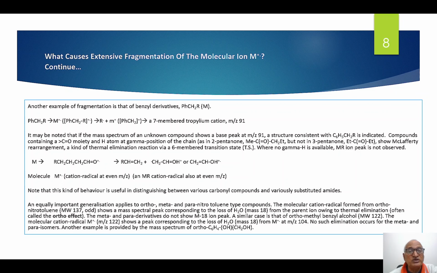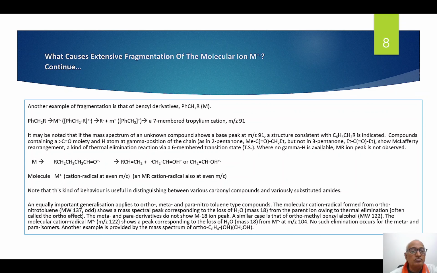If the mass spectrum of a compound contains a very intense peak at m/z 91, you can be almost sure that part of the structure of the molecule is a benzene ring attached to CH2. Other parts you should be learning about. But a base peak at 91, that is a very strong peak at mass number 91, indicates the presence of C6H5CH2 part in the molecule.